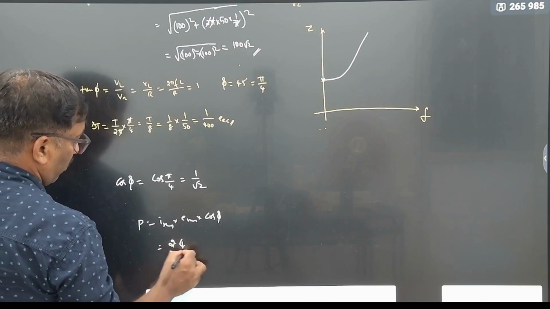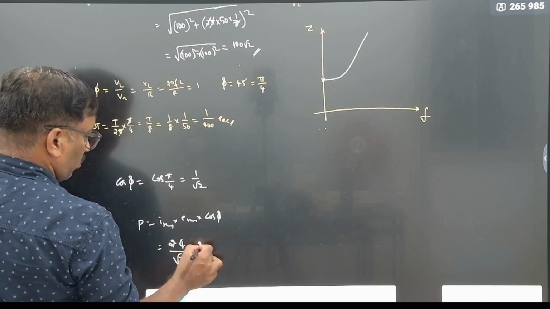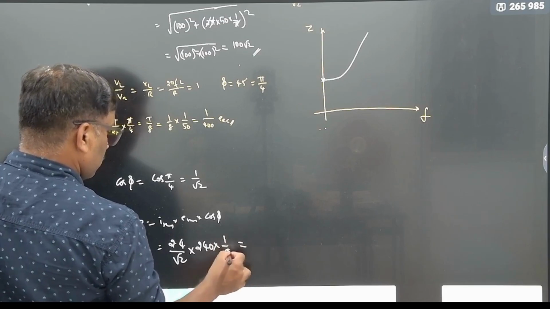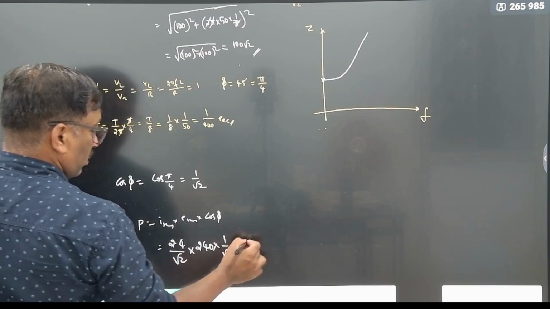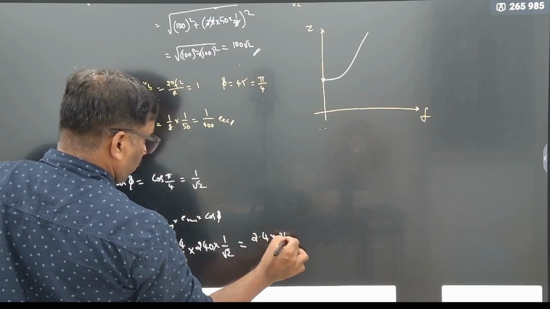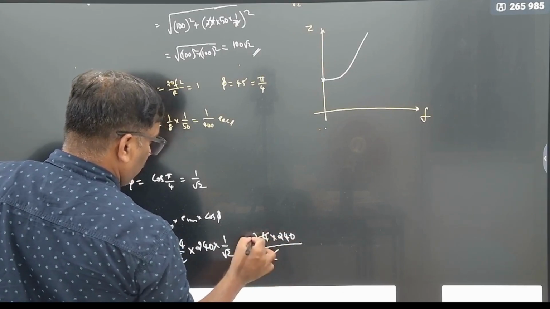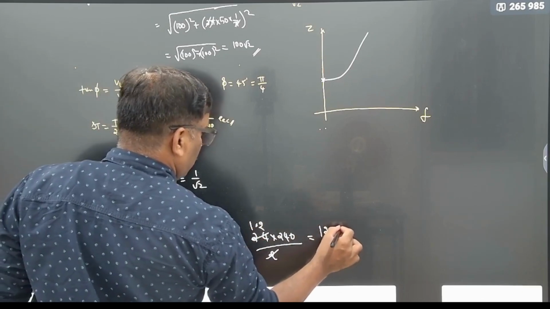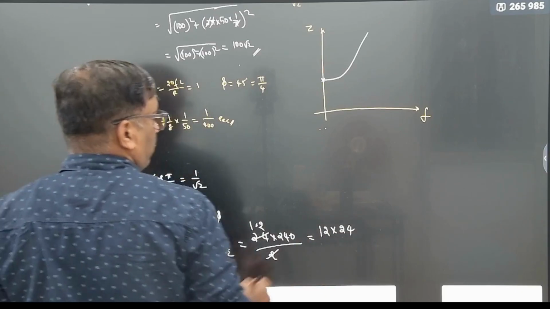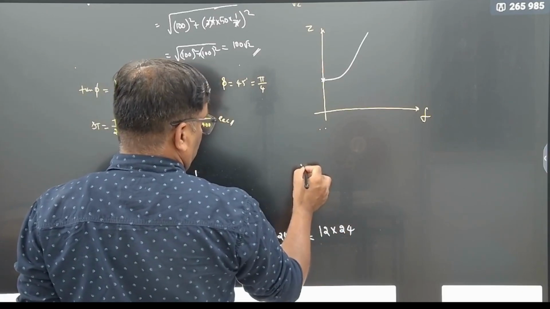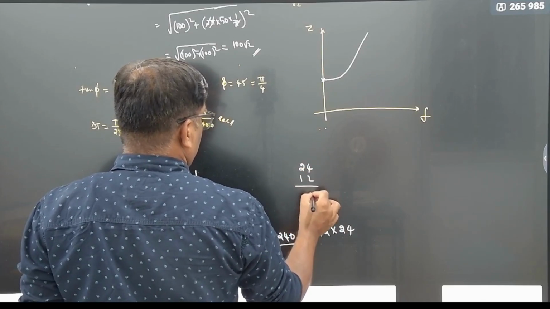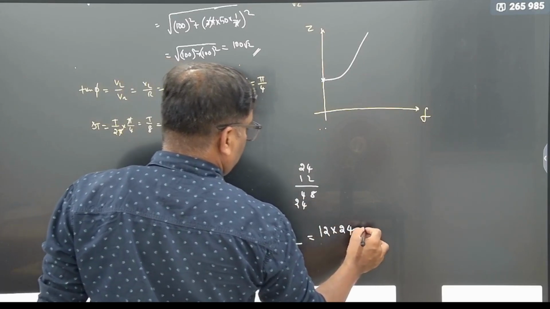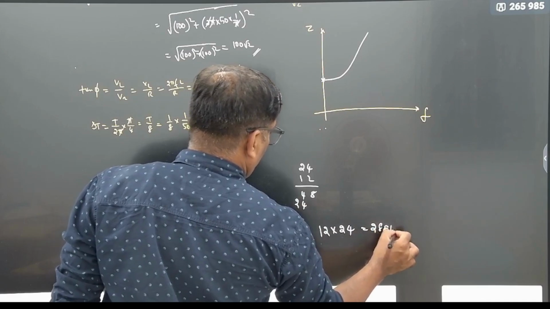So it will be 2.4 by root 2 into 240 into 1 by root 2. So therefore it will be 2.4 into 240 divided by 2. Therefore it will be 1.2 into 240, that is nothing but 12 into 24. So how much will it be now? Right? So here 24, 12. So how much now? 288 watt.